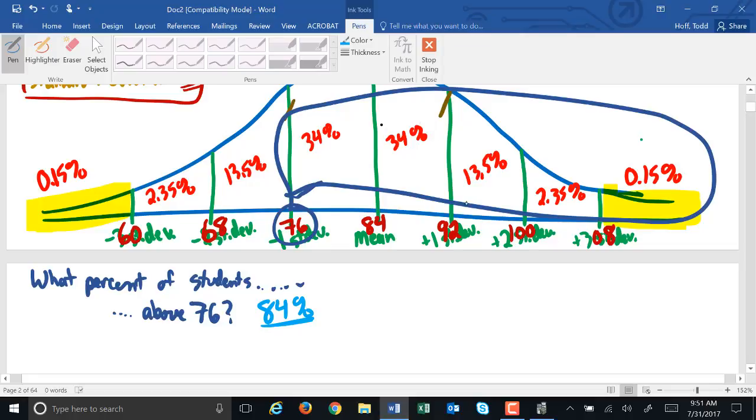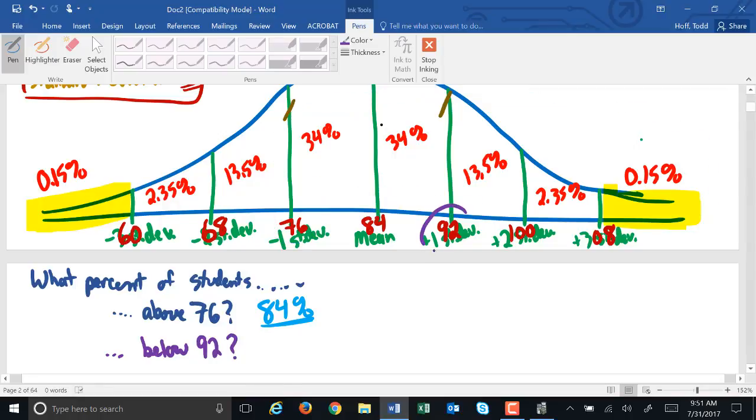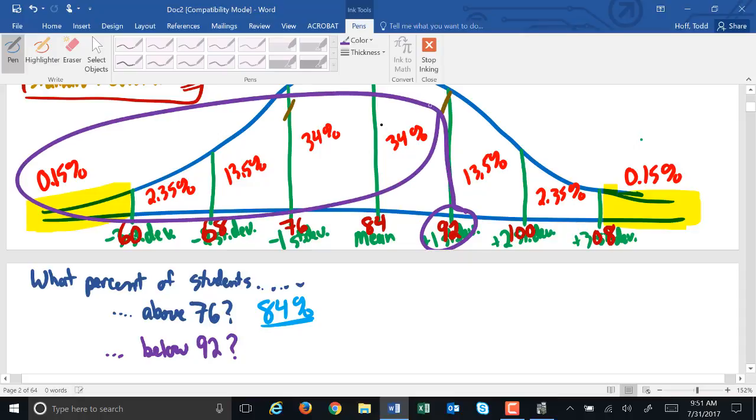Now, 93 and above is an A. So let's say I ask what percent of students score below a 92. Here's 92, and I add those all up, right? That's below 92, right? Adding those up is 84%.